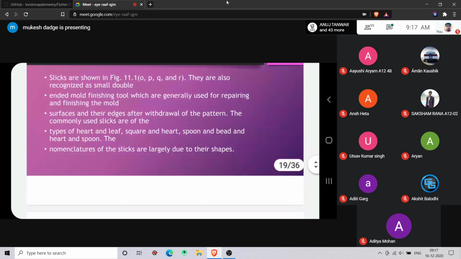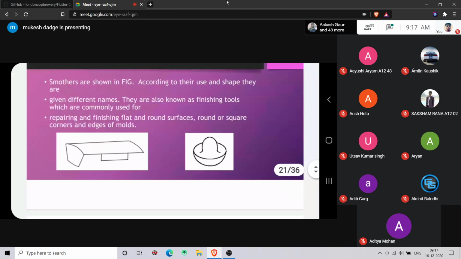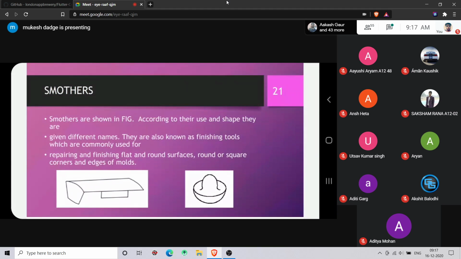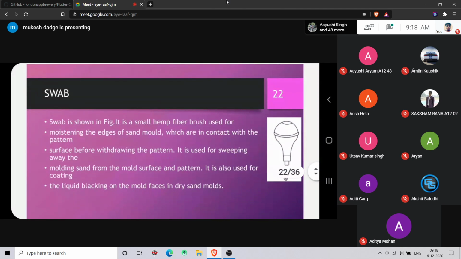Slicks are there, right? Smoothers, right? So in a specific area you want smoothness, so these are the smoothers you can use to have a better surface finish. Swabs are there, to apply your water or liquid metal also.